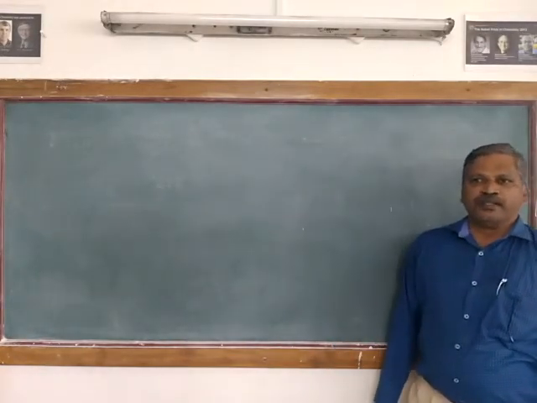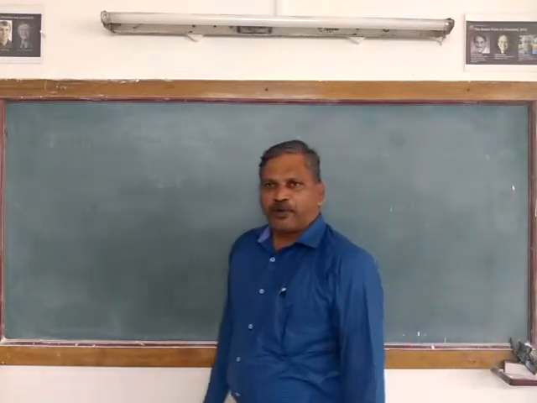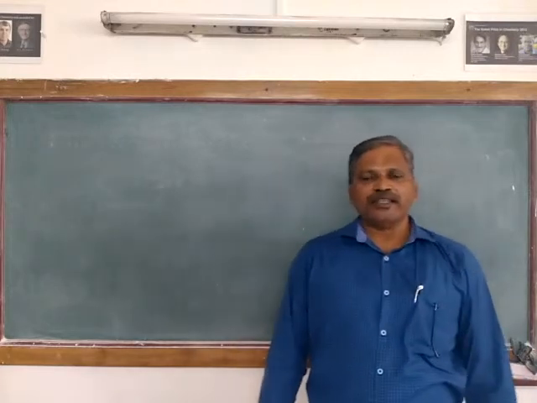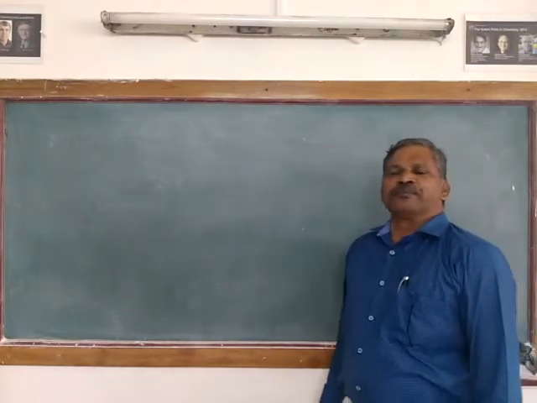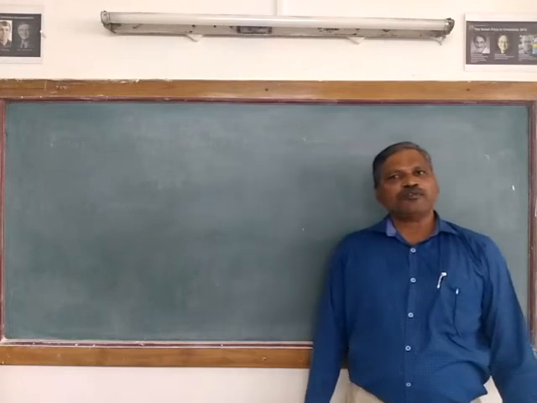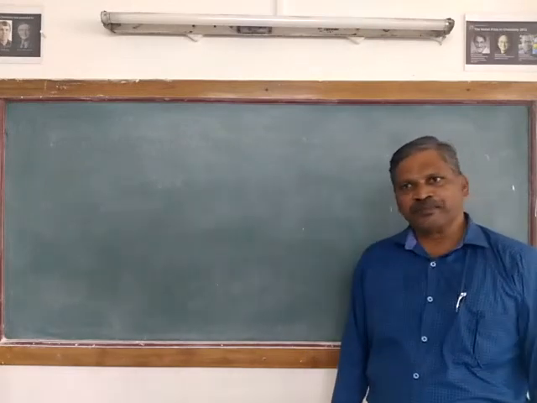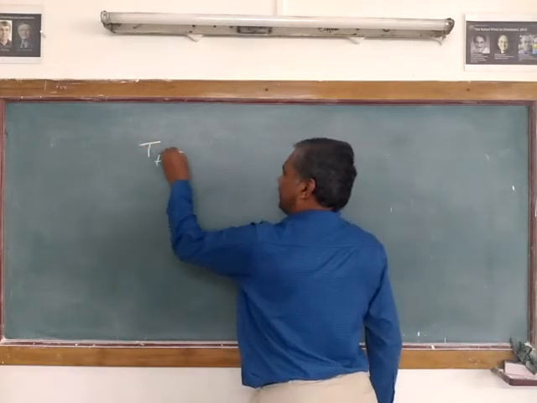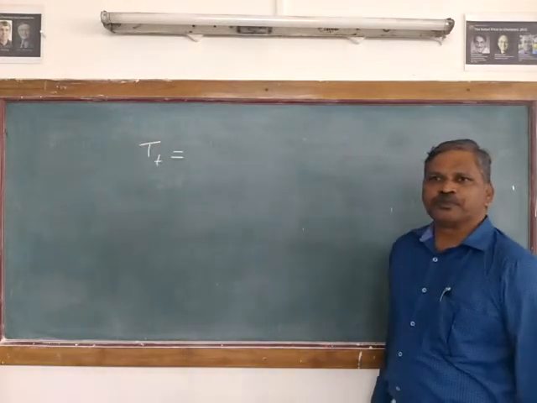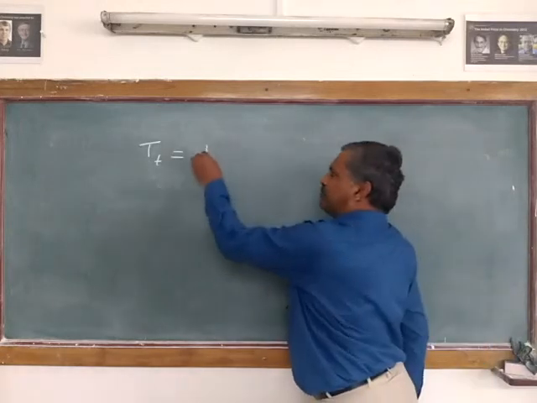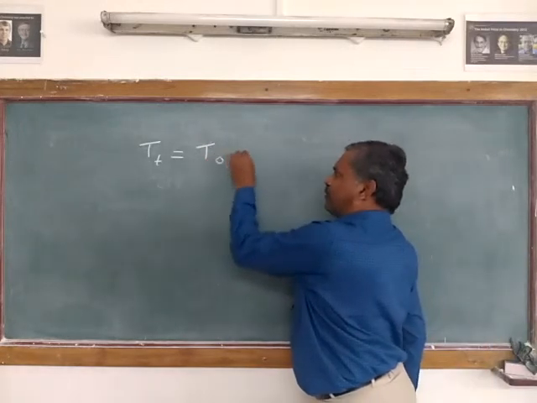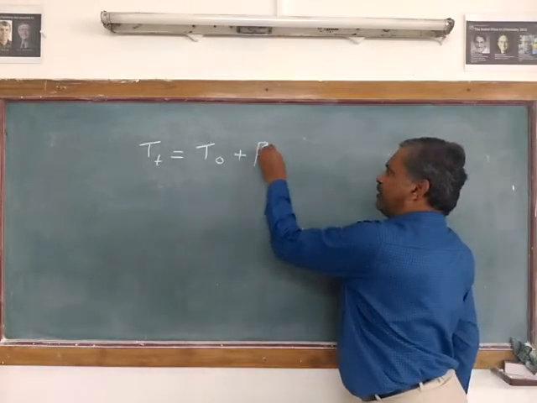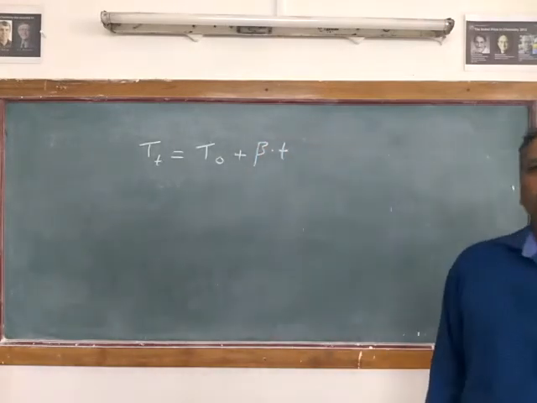So this linear programmed rise in temperature beta is in terms of Kelvin per minute. So T is equal to T0 plus beta into t.